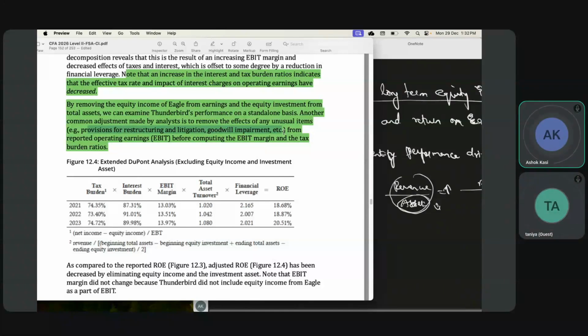Just this line also: they are saying if we remove equity income and equity investments, we can examine that on a standalone basis. You can explain this one also.